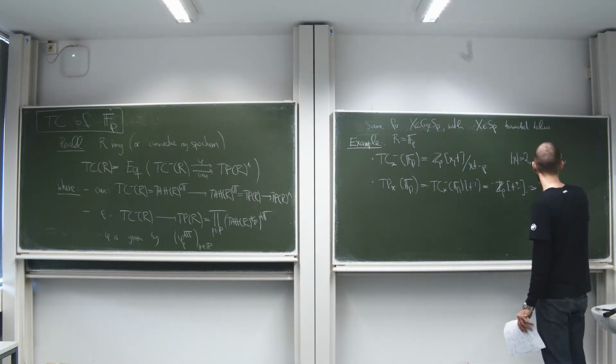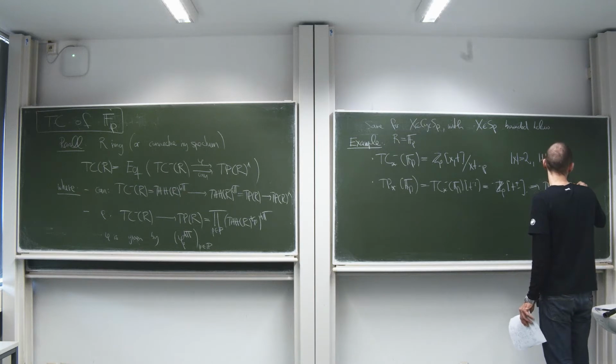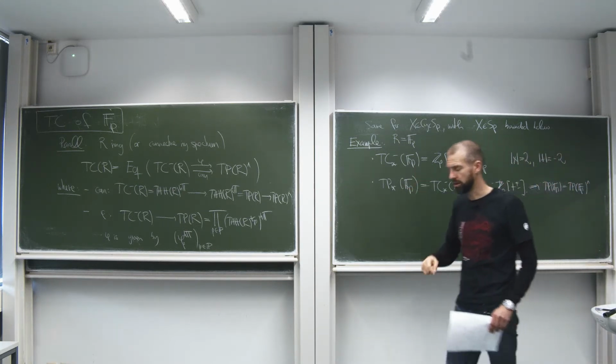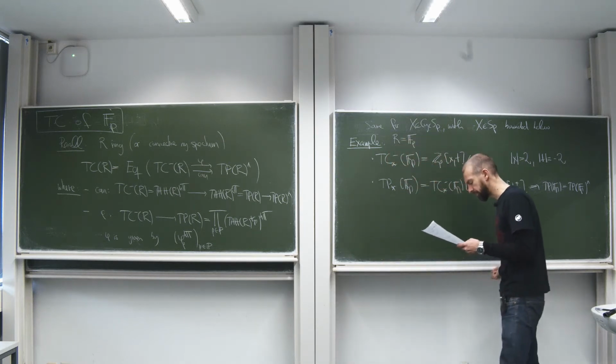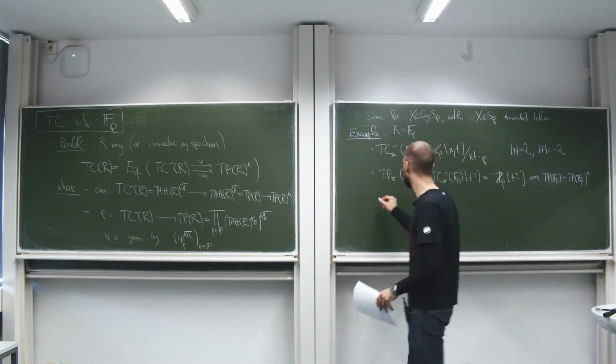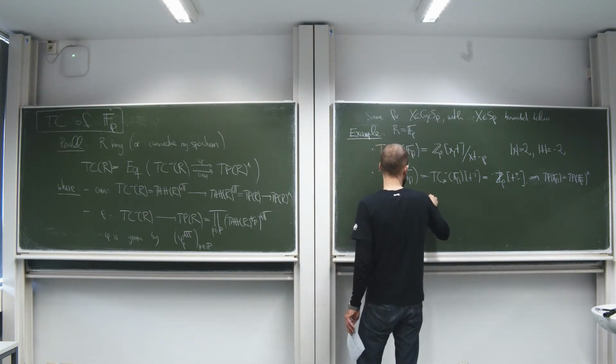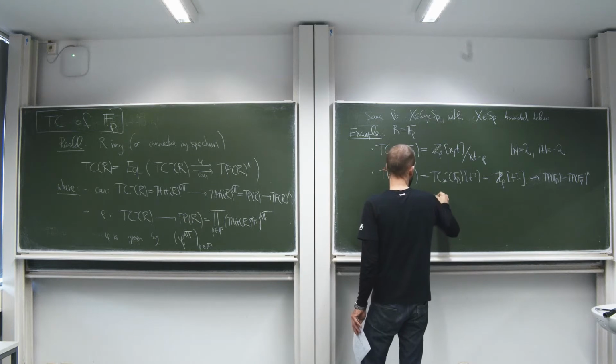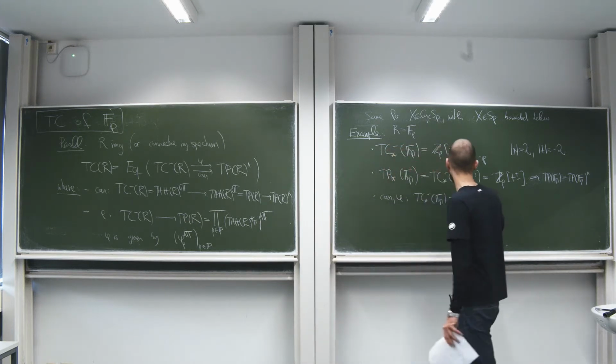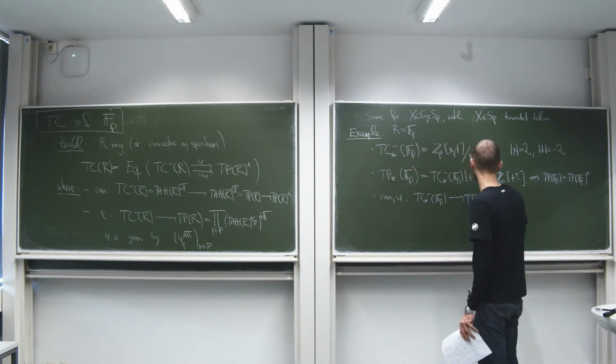Okay, so as a result, TP Fp agrees with its profinite completion, and we can just forget the profinite completion in all the formulas over there. And now our two maps, can and phi, from TC minus star Fp to TP star Fp are ring maps.